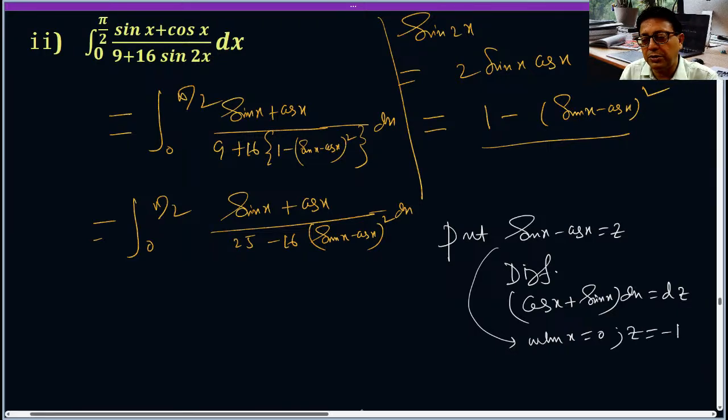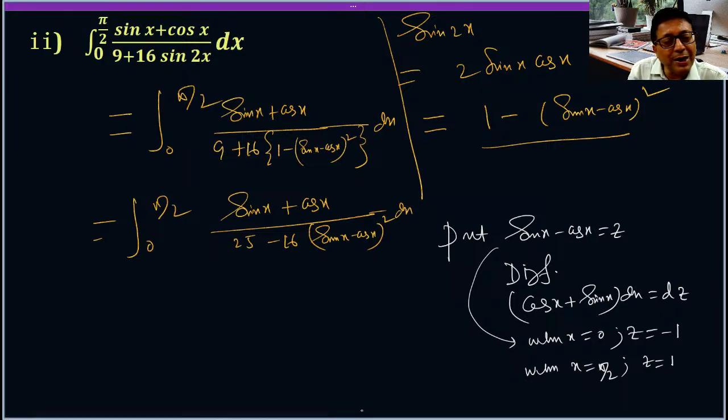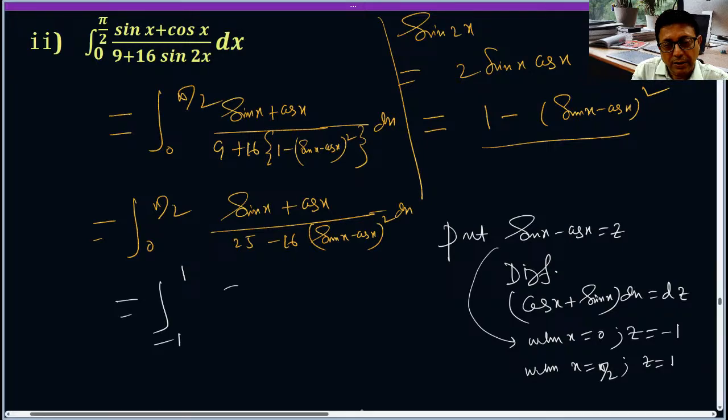When x equal to 0, z equal to minus 1. When x equal to pi by 2, z equal to 1. I hope now you can do it.